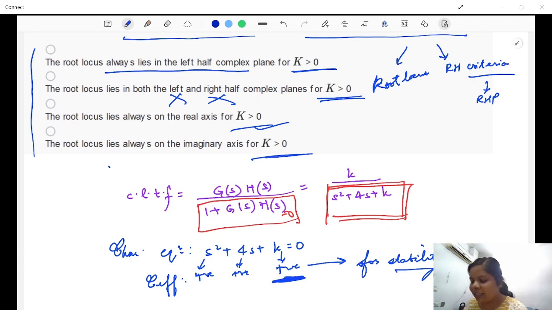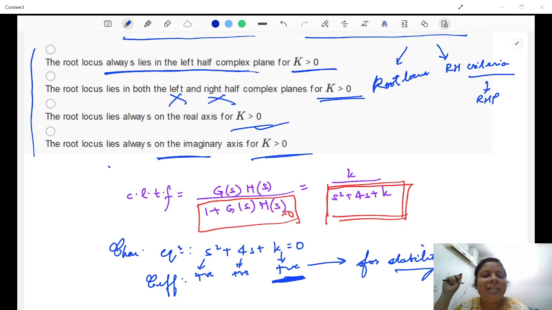Or it always lies on the imaginary axis. So these two options are worth checking. From here you got that it would lie in the left half of the S-plane. Unfortunately, you had this in the first option itself.